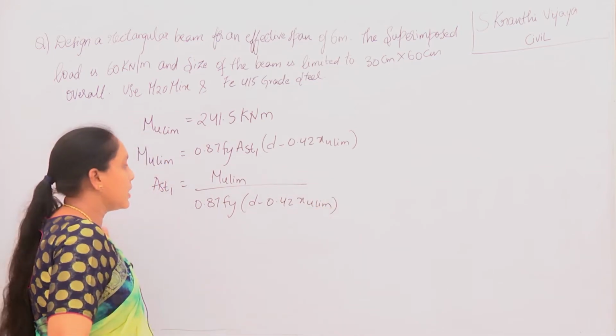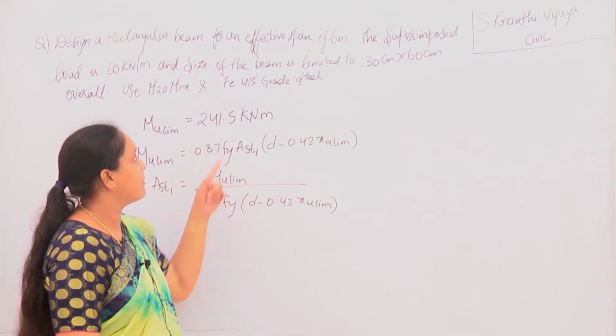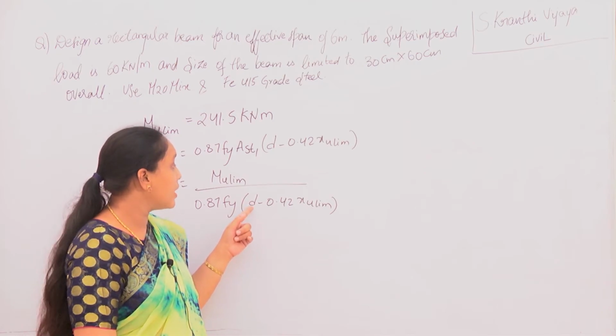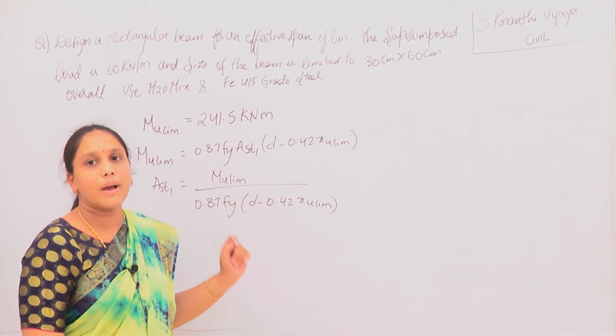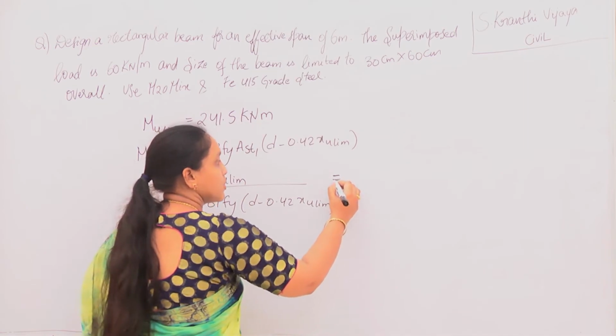You know all the values. You know the value of Mu limit which we have calculated here. You know the value of Fy which is given in the question. D is already found previously and the XU limit value is also calculated. Substitute all the values here so that you get the area of the steel reinforcement 1.